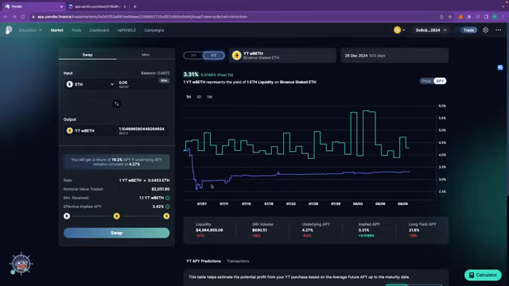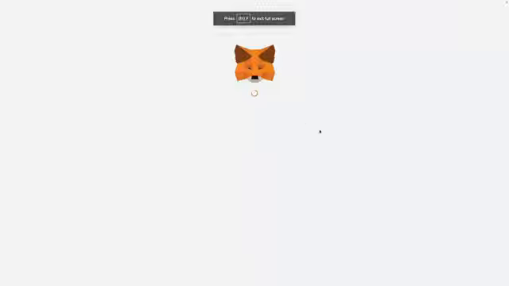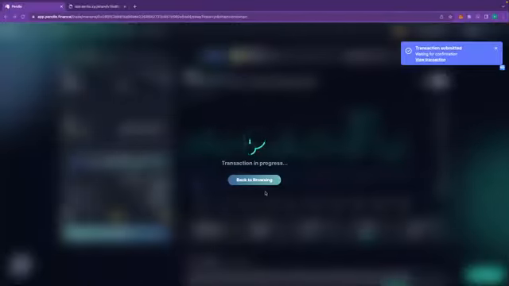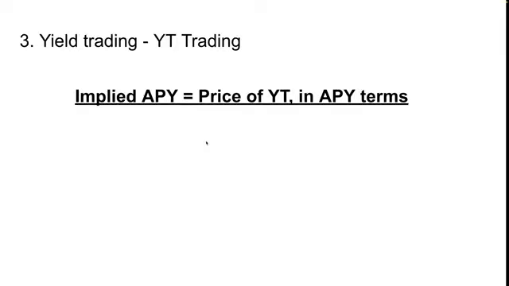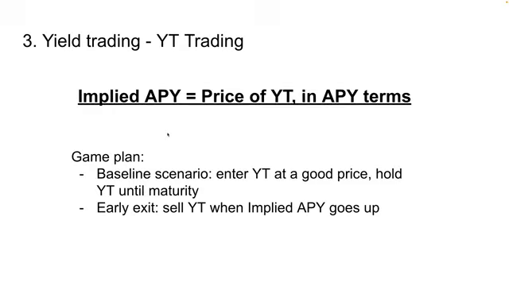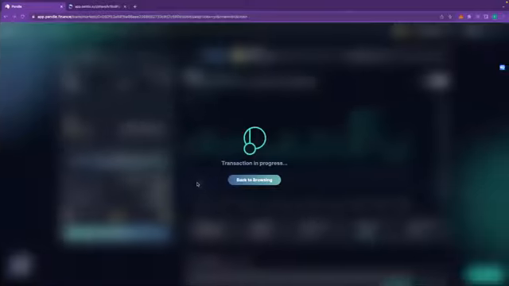Okay. Now let's talk about the overall game plan for YT. Let me just do this trade first. So for the game plan for YT trading, the baseline scenario is to enter YT at a good price and hold it until maturity, exactly what I did just now.